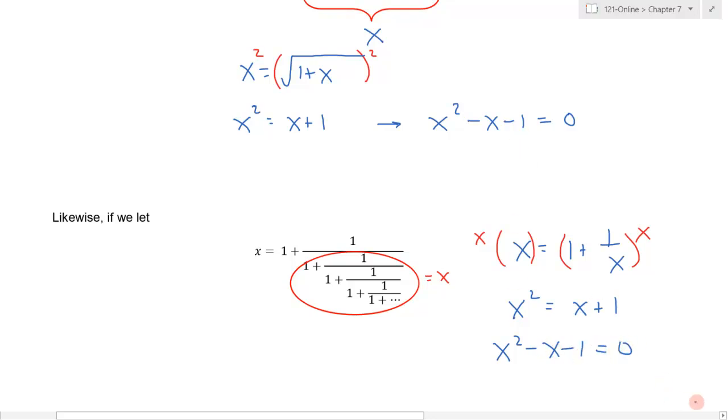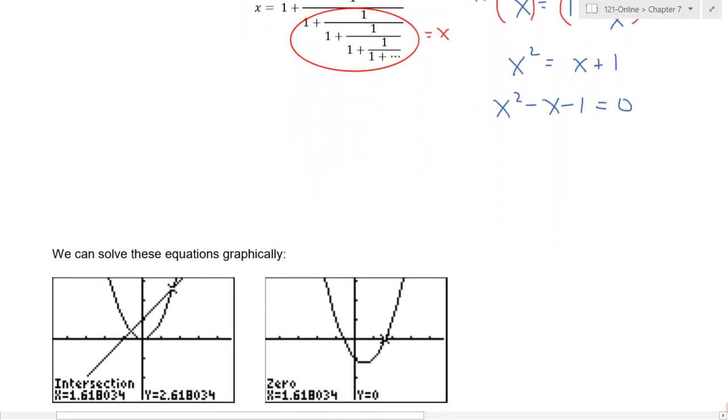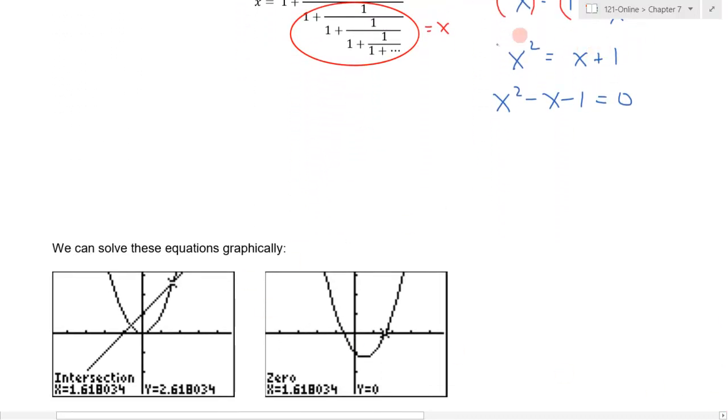It's the same equation. And we can solve that graphically. This would be y equals x squared, and this would be y equals x plus 1. You can see this line here. And if I find the point of intersection, you see that it is x equals 1.618. That's that golden ratio phi.